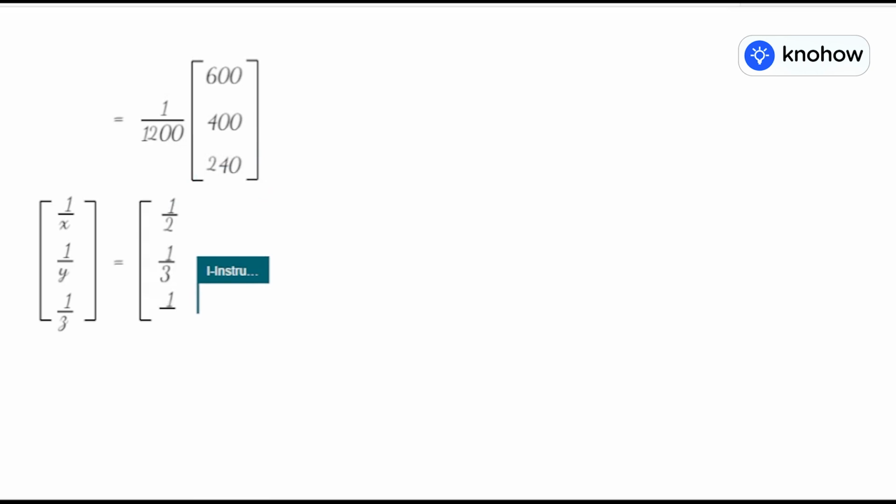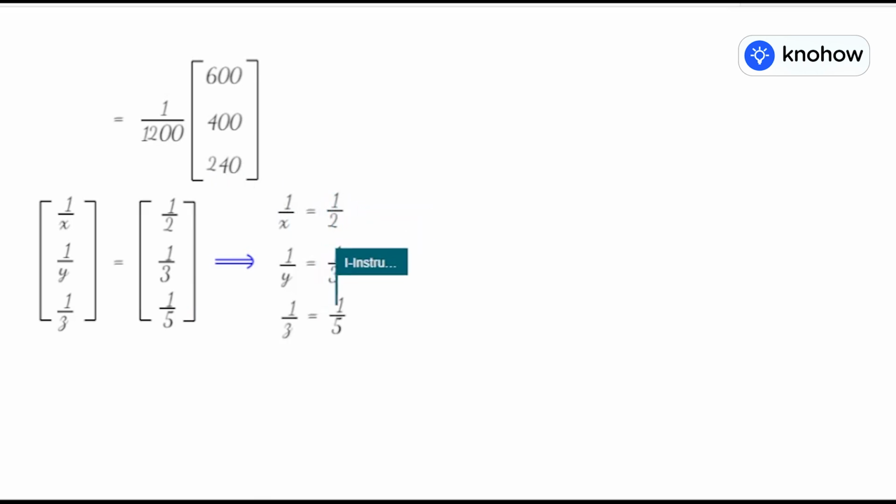Equating the respective elements, you get 1 by x equal to 1 by 2, 1 by y equal to 1 by 3, 1 by z equal to 1 by 5. So now by cross multiplication, what do you get finally? x is equal to 2, y equal to 3, and z equal to 5, and that is the required solution.